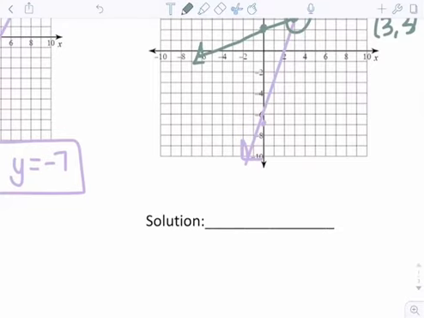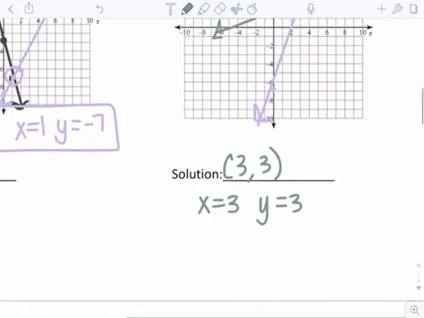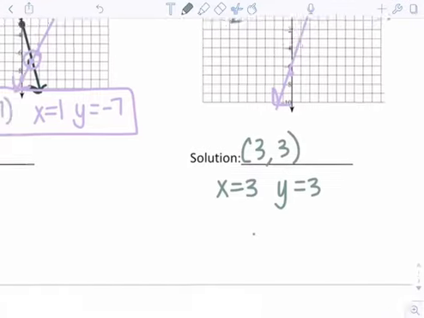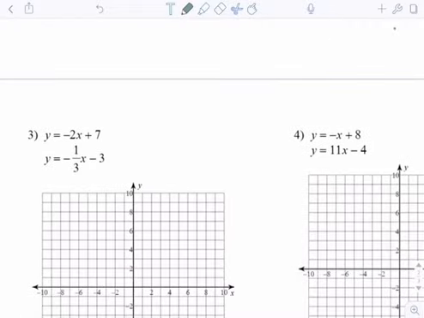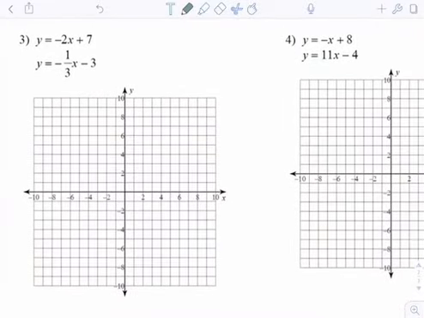Okay, so my solution is 3, 3, or we could say it's x equals 3, y equals 3. So both of these points are on the line, right? So that means that they would satisfy both of the equations, which in turn makes them a solution to the system.